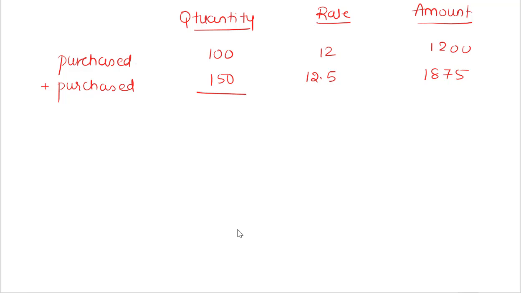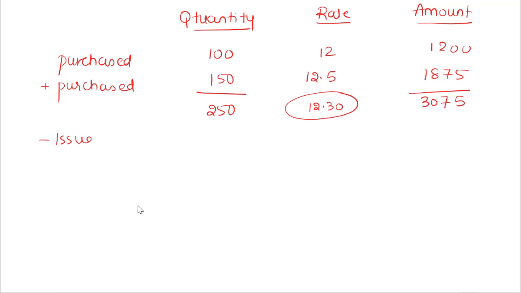Then there is an issue, so we need to total it. 100 plus 150 is 250. Over here 1200 plus 1875, total is 3075. Calculate the average rate: 3075 divided by 250. The average rate is 12.30.